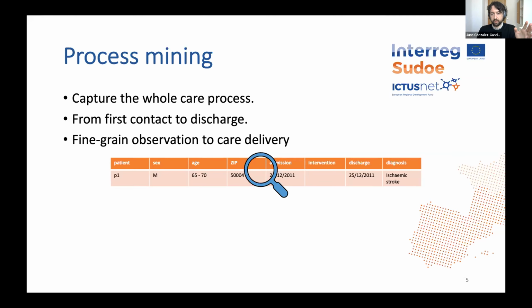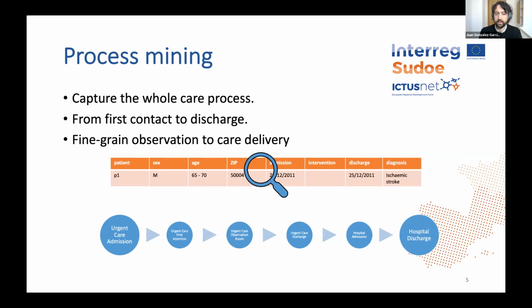From the first contact in the care activities, for example the admission to the urgent care department, until the end of the caregiving activities, for example the discharge from the hospital. Next slide, please.